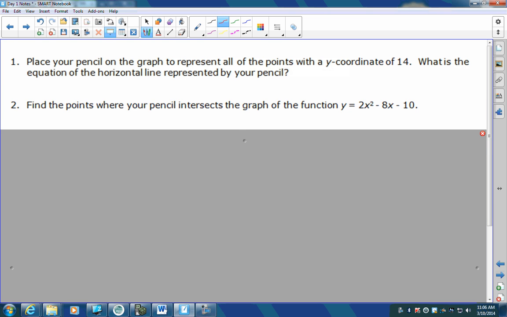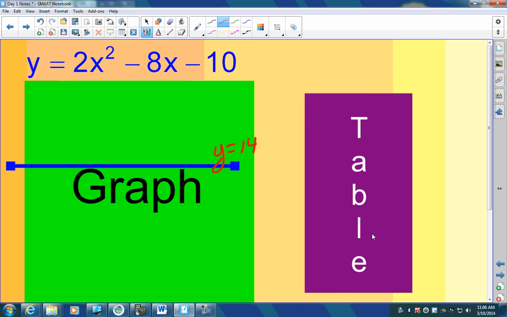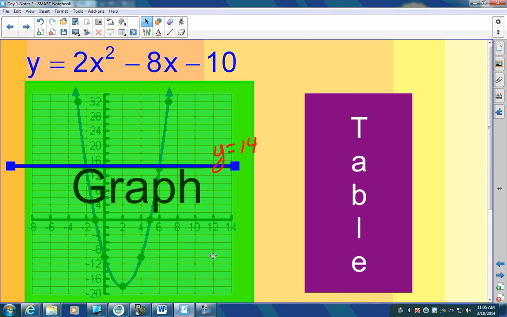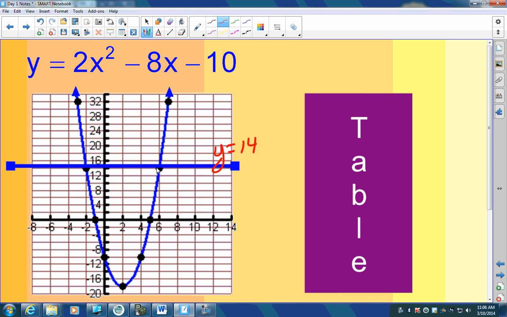The next question says, find all the points where your pencil intersects the graph of the function. Okay, so right here, it wants us to circle these points right here where our function intersects that line.